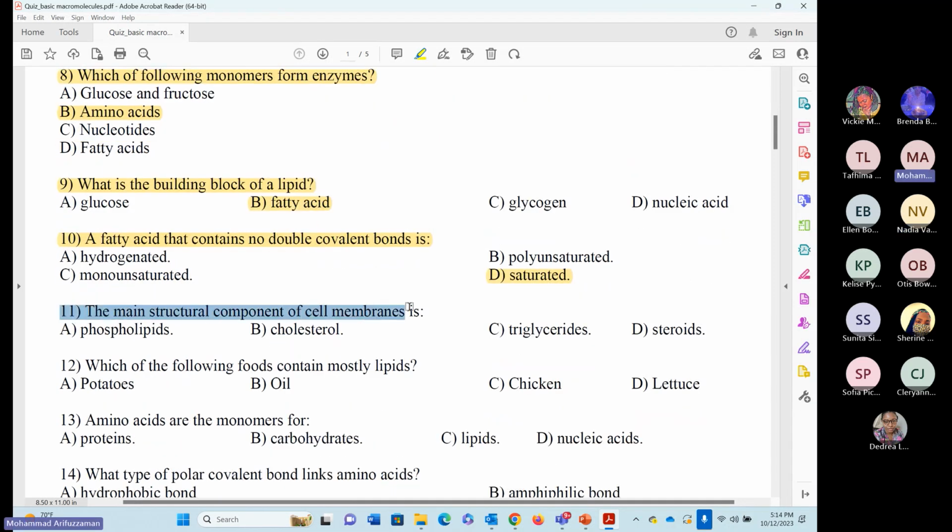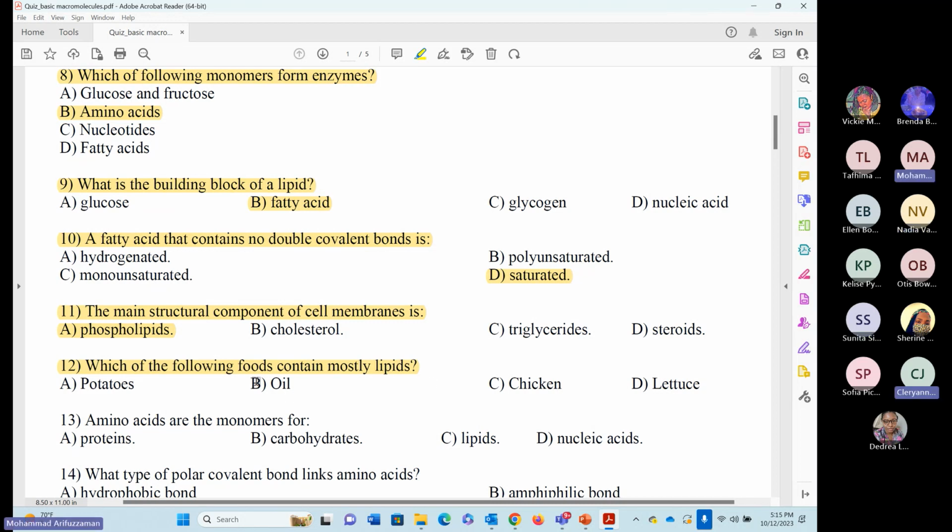The main structural component of the cell membrane is? Phospholipids. Correct, the phospholipid bilayer. Which of the following foods contain mostly lipids? Oil.